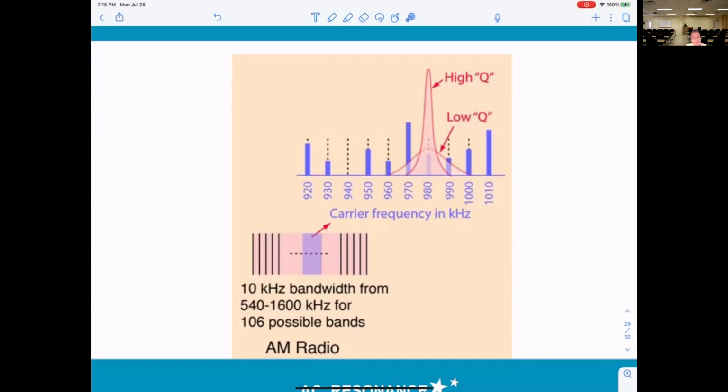So that's why you can see sometimes radios get different prices. Some are expensive, some cheaper, depending on how they build it. But for basic understanding, when we're talking about high Q and low Q, the selectivity will be much better at high Q.